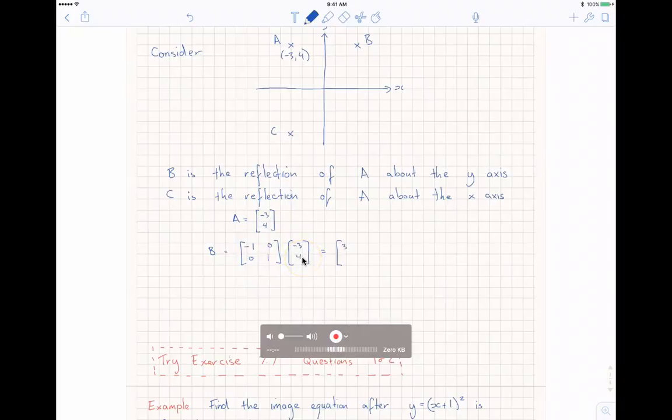So we just have 3 there on the top. Then multiplying the second row, 0 and 1 times minus 3 and 4, we have 0 and 4. And there we have our coordinates for B.